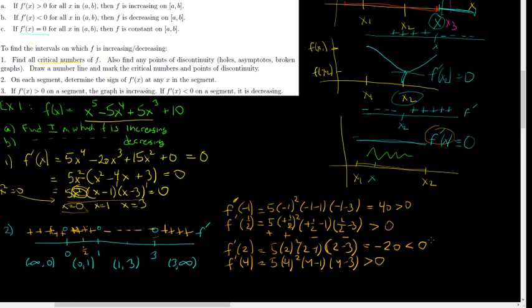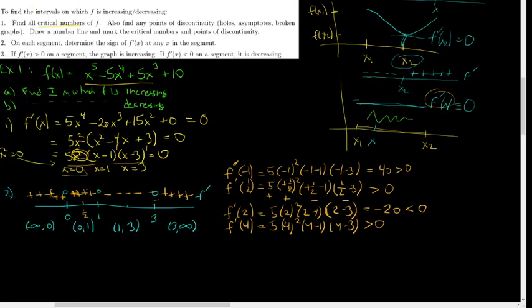Okay, so I hope that helps. Now we just have to answer the question. The question was, for part A, on which interval is it increasing? So step 3, part A, on which intervals is it increasing?